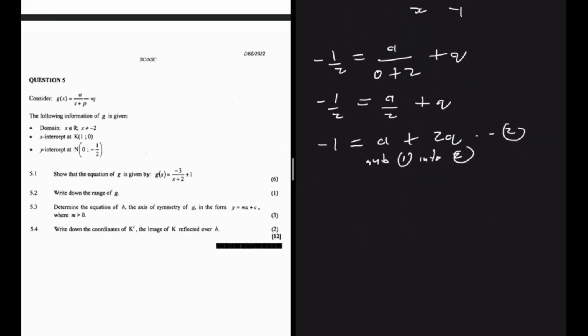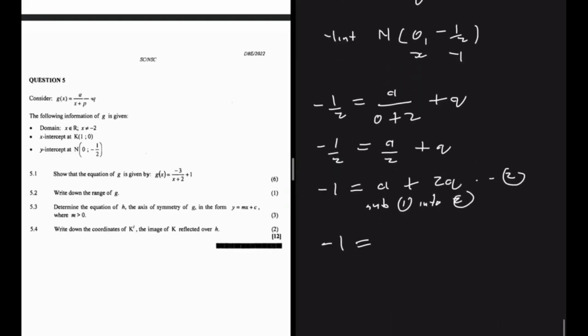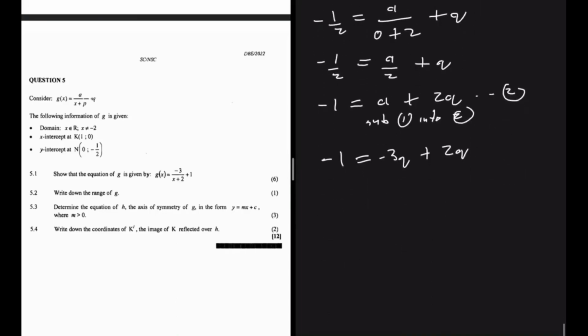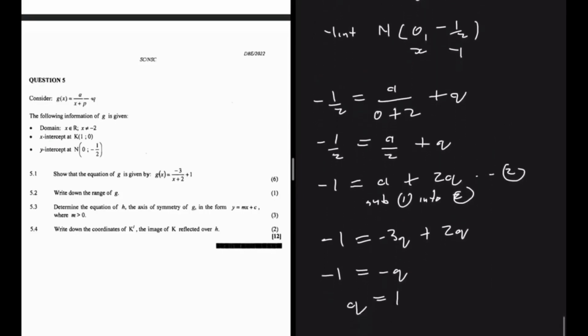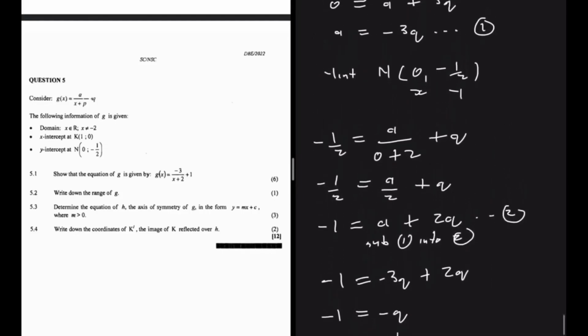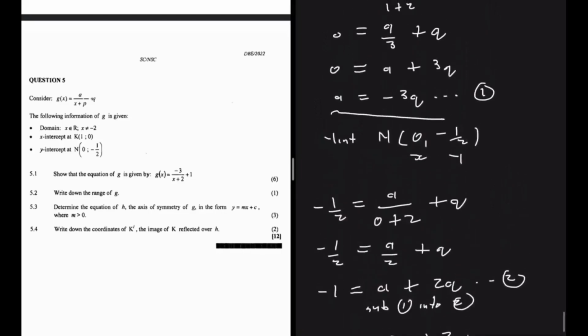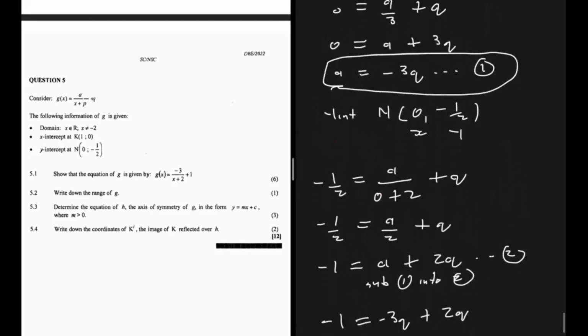So I'm gonna have minus 1 equals a, we say that is minus 3q, and then plus 2q, which is gonna say minus 1 equals minus q, so q equals 1, and that's what we're supposed to get because of the equation we're given. So now that I've found the value of q, I can use equation 1 here to find the value of a.